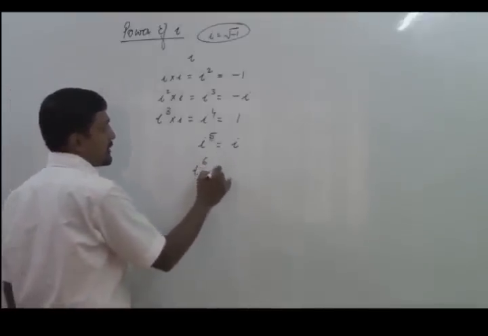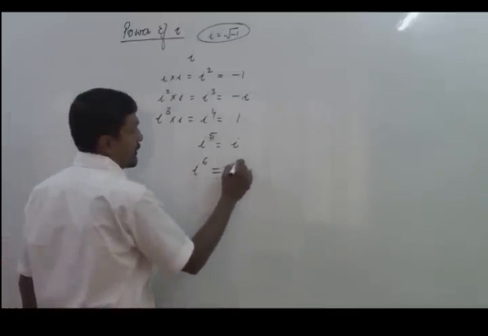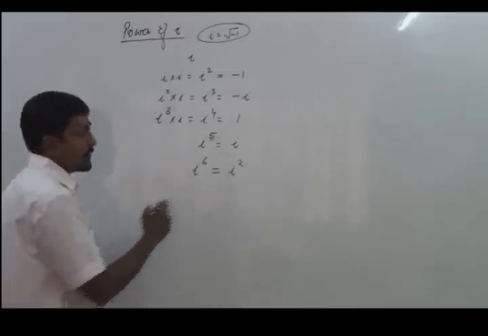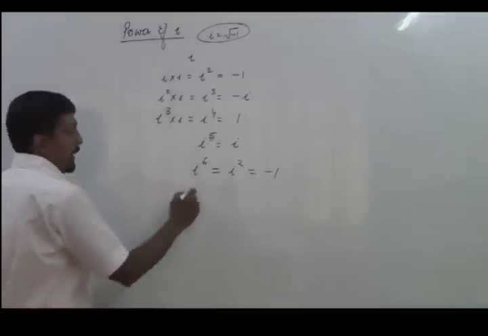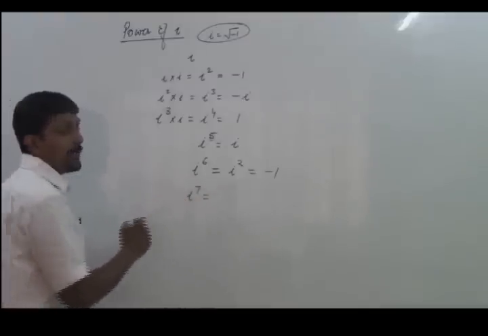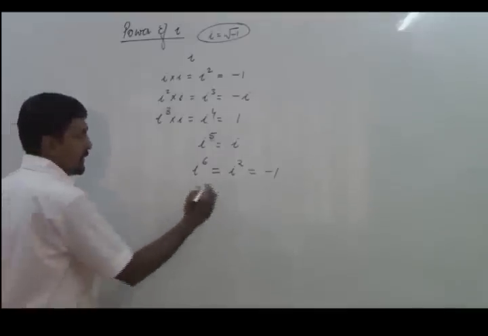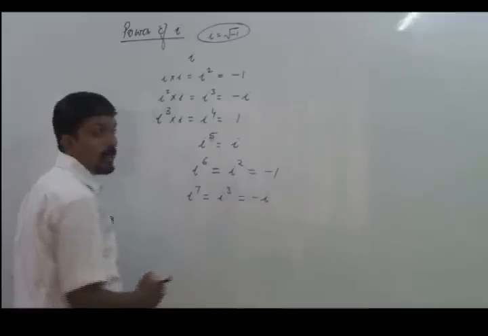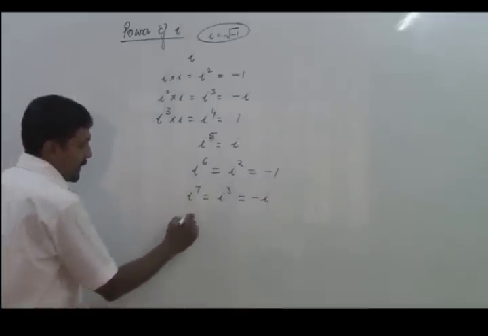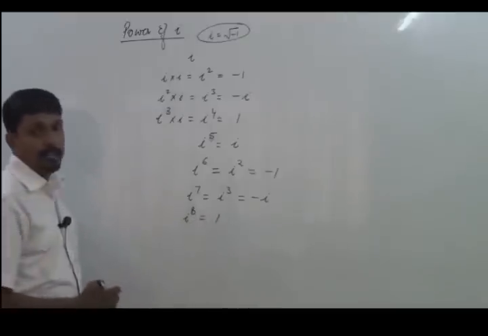Iota to the power 6 is iota square, which means minus 1. Iota to the power 7 is iota to the power 4 multiplied by iota cube, that is iota cube, which is minus iota. Similarly, iota to the power 8 is again 1.